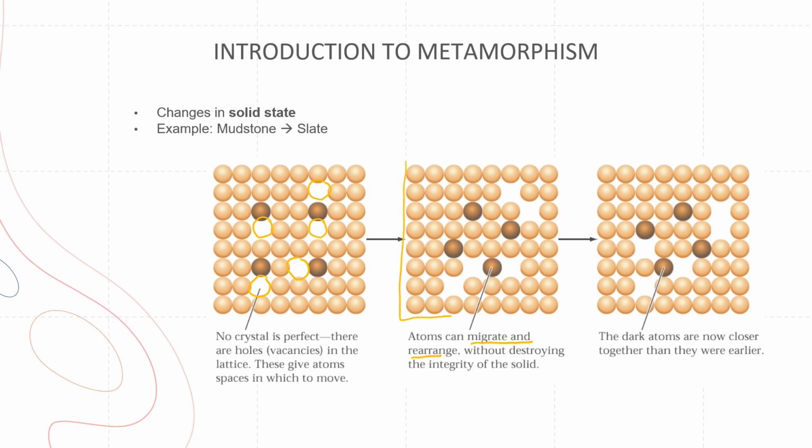So this solid is still a solid, but these atoms can move around thanks to these vacancies. So the dark atoms, which were previously further away, are now closer together than they were earlier. And that's how change happens within a solid. So this example here is an example of mudstone going and turning into slate.